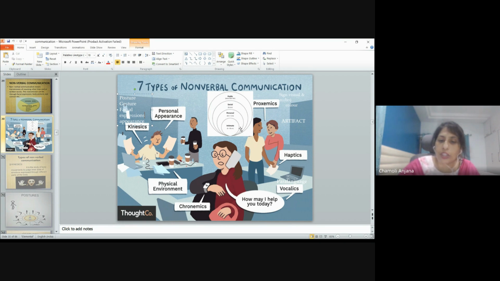First is the intimate space: two people are said to be in an intimate relationship when the distance between them is less than 1.5 feet. Usually this kind of communication exists between family members, or friends with whom you are extremely close.